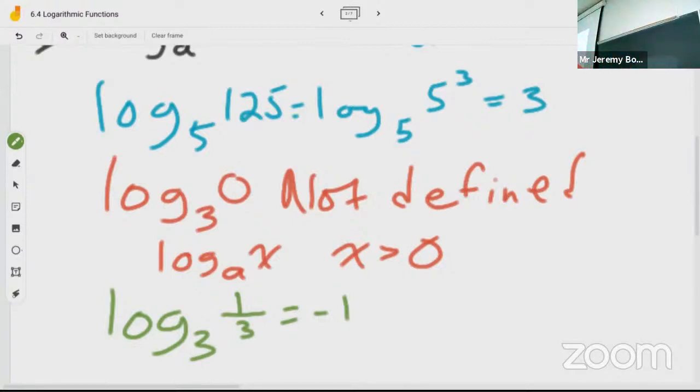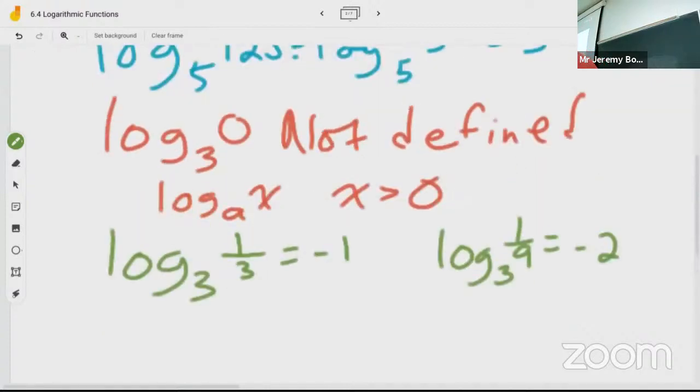So if you had log base 3 of 1/9, what would that be? -2. Good. Any questions on that?